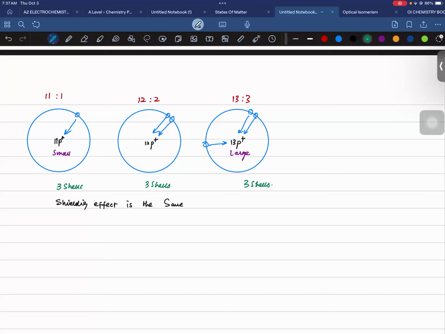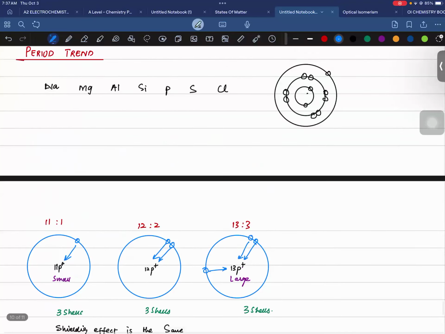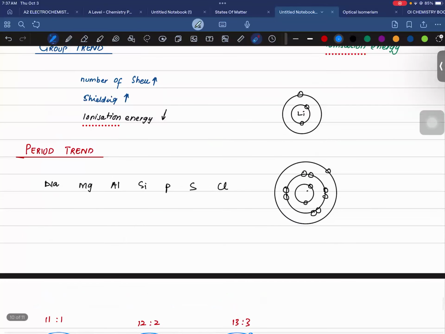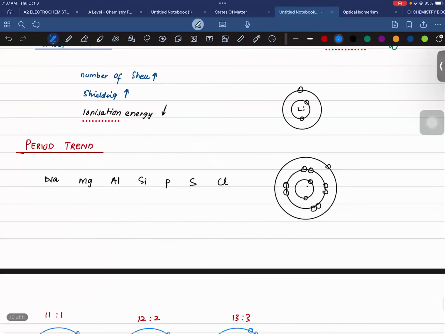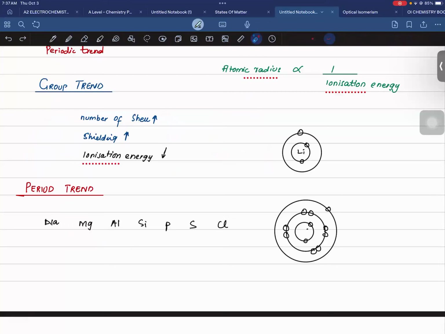And remember, when the size decreases, the ionization energy increases. As I told you, down the group the ionization energy was decreasing. But across the period, the ionization energy is going to increase. As I told you, this electron is far away from the nucleus, so it has a lower attraction towards the nucleus.